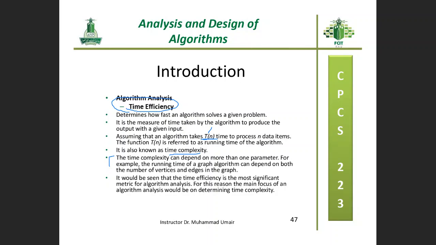If one algorithm takes more space but completes in less time, that algorithm will be more acceptable because space is not an issue. The running time is more important. So we will pick an algorithm whose running time is better. Is that clear? So time efficiency is more important as compared to memory.